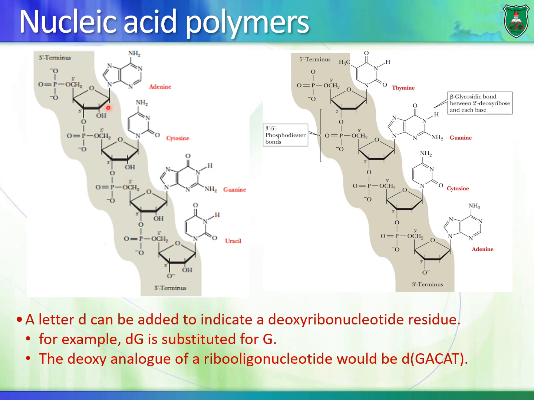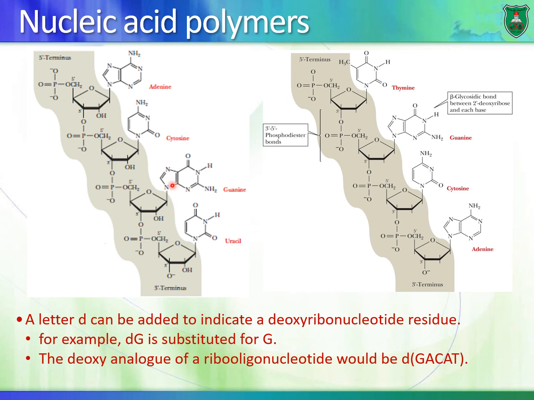Because the sugar is actually a ribose, not a deoxyribose. So what's the identity of the bases, or rather of the nucleotides? Well, you look at the bases on the side. That's adenine, cytosine, guanine, and uracil. So we're only talking about the base itself.